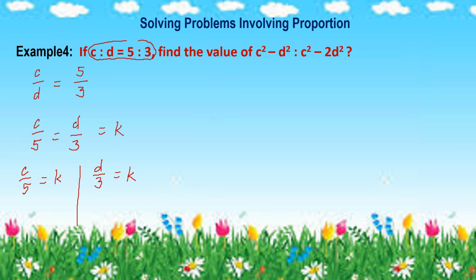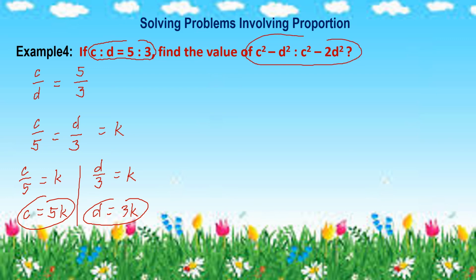By cross product property, c is equal to 5k, and d is equal to 3k.